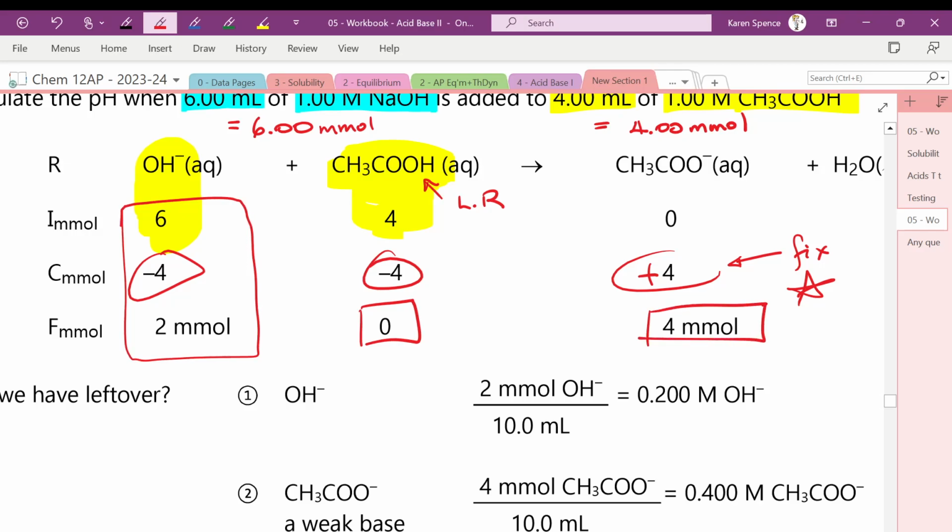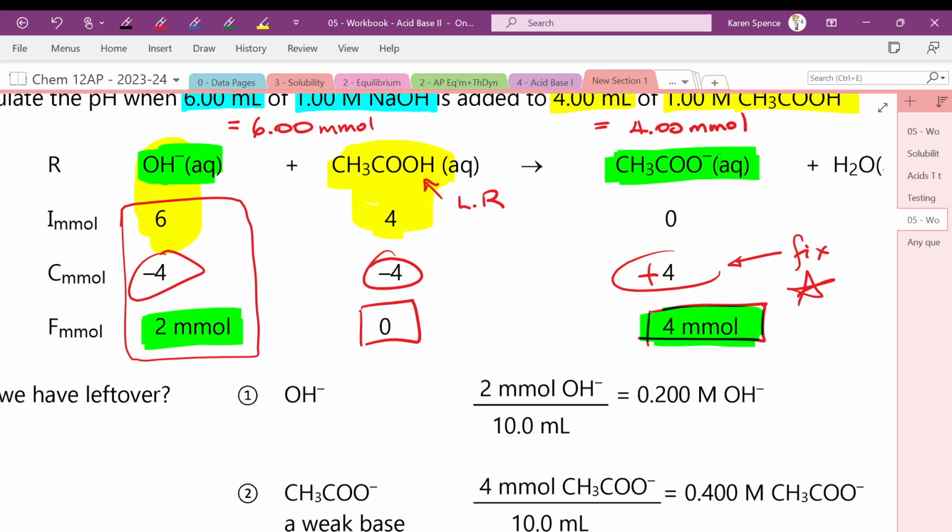Now we look and say, who do we actually have something of? I have something here, and that is OH. I have something here, and that is CH3COO minus. So what do we have left over?